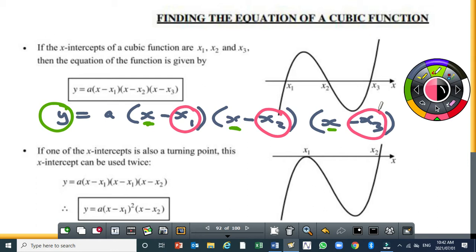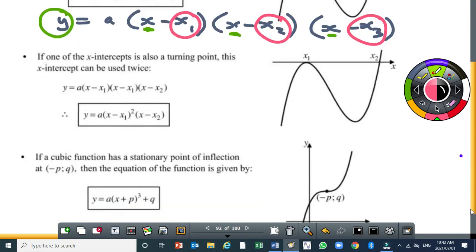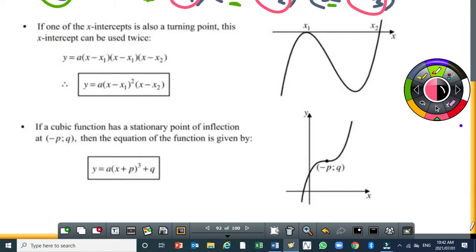So the second case, whereby x1 and x2 are equal, is this case here, whereby a turning point is on the x-axis. Then, if you scroll down, we can have a case where there is only one x-intercept, which means x1 will be equal to x2 will be equal to x3.